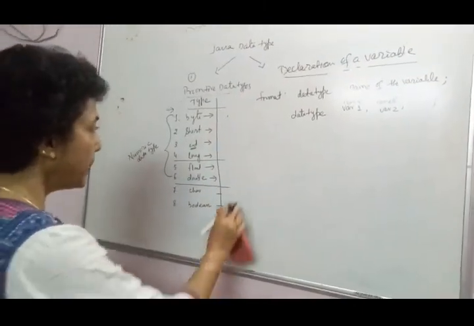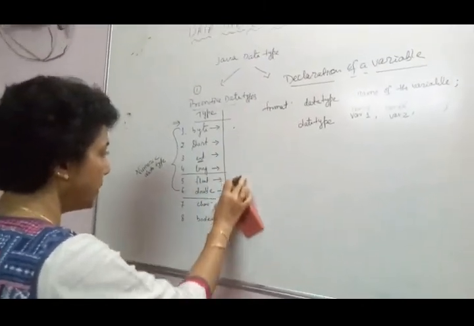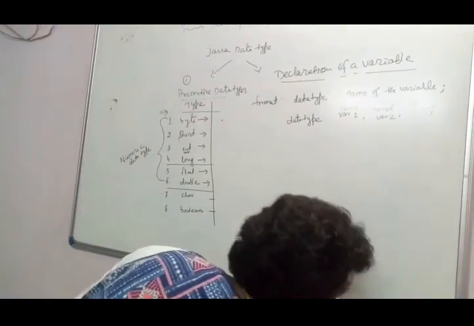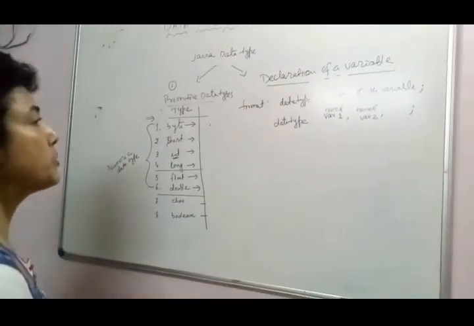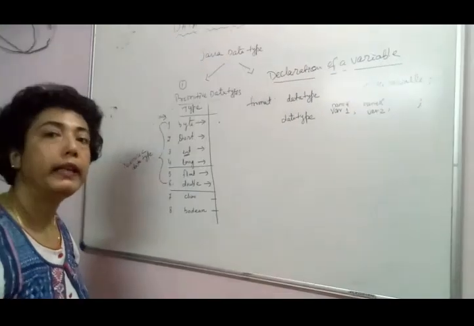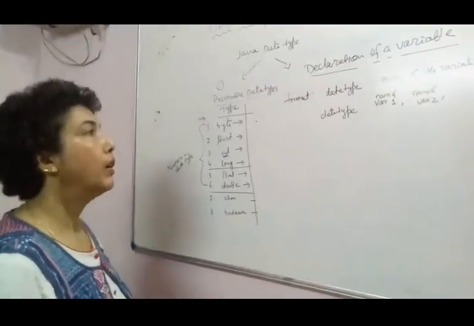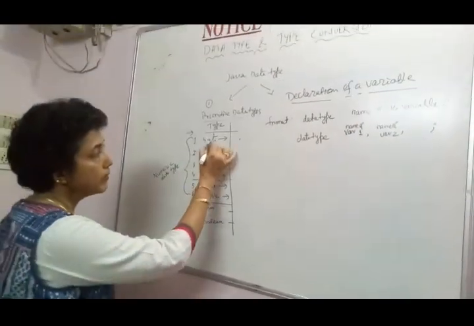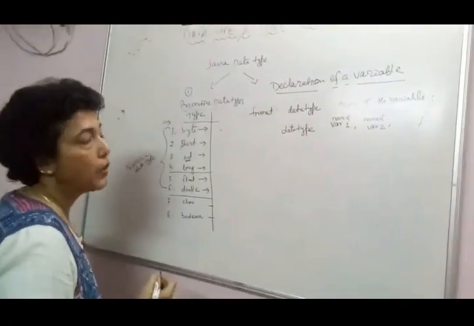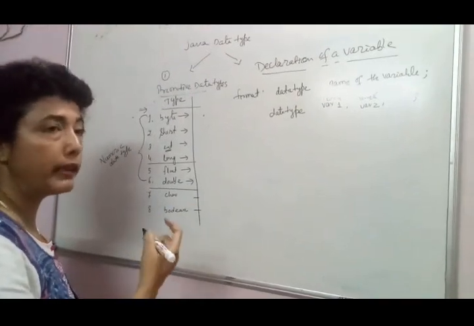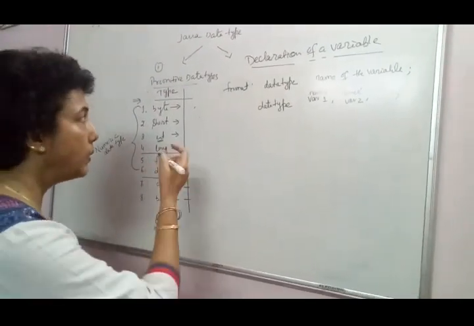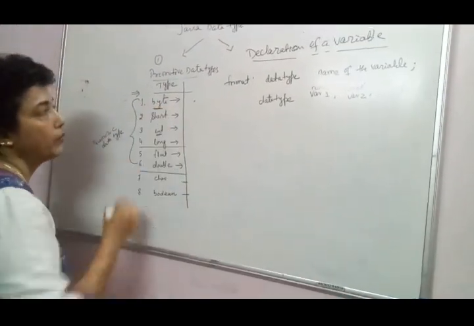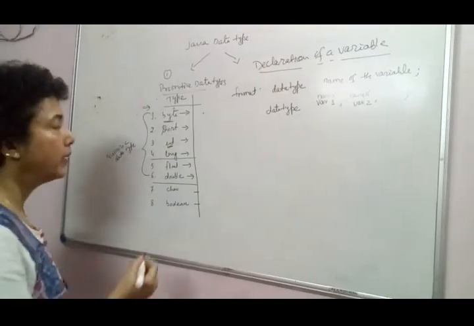Let us come back to primitive data types. Let us say I want to store an integer literal of a very small range or capacity, then I need a byte variable. As I have told you, variables have to be declared. So how to declare a variable of type byte?